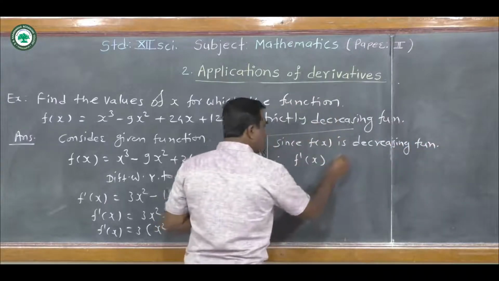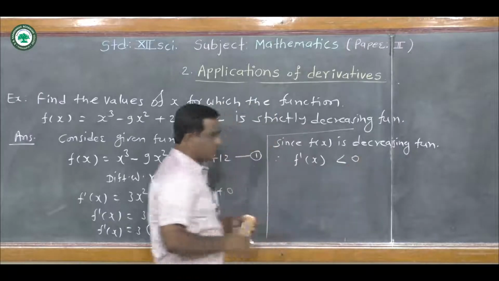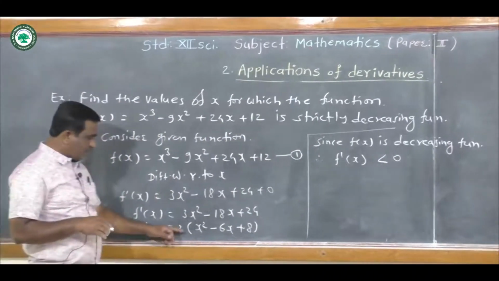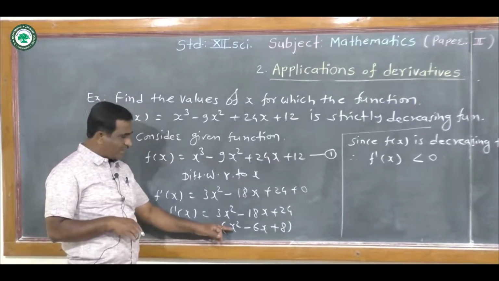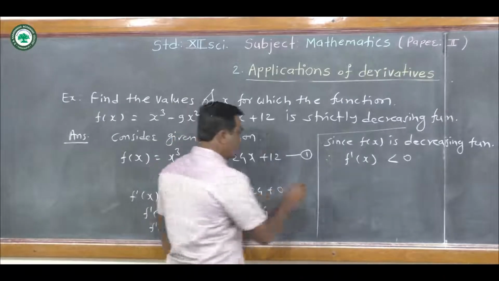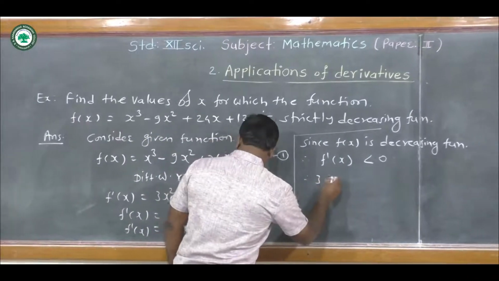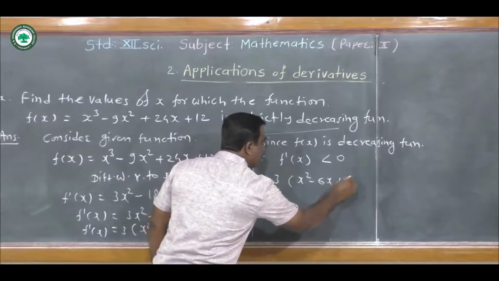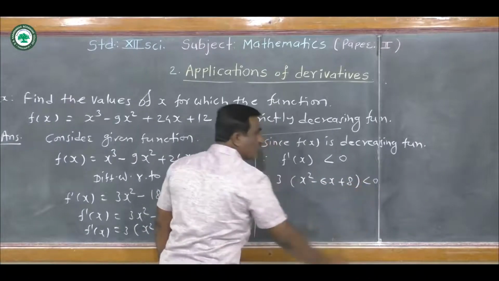Therefore f dash of x is less than 0. Therefore this term 3 into, in bracket, x square minus 6x plus 8 is less than 0.